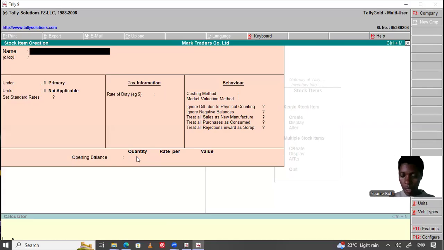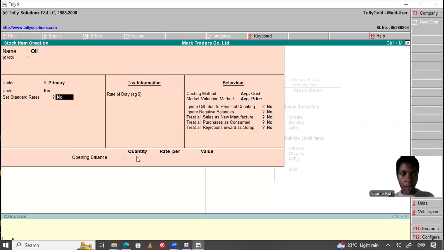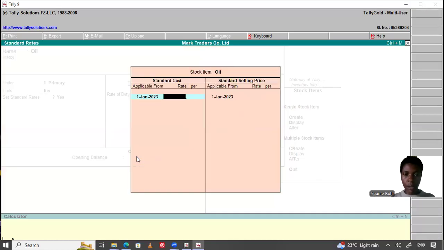Then the third one is oil. It is in liters. I say yes to the opening balances, and the cost price is 10,000. The selling price is 16,000.